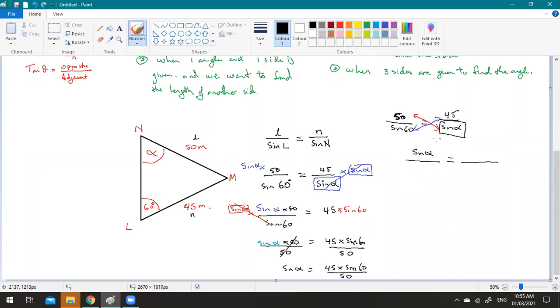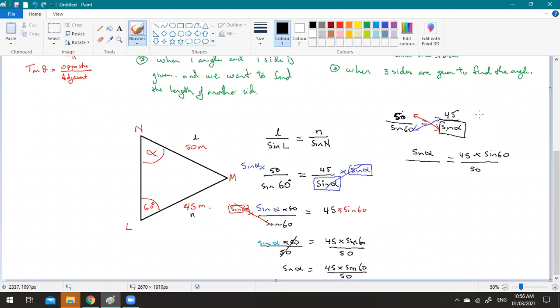If I interchange and switch them, sine alpha will come on top and the 50 will come below. That's what we call an interchange. The 45 moves across and multiplies by sine 60. This is the same thing, right? So that's what I mean by cross multiplying or cross interchanging.